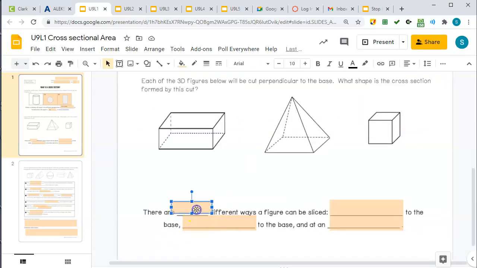So we're going to think of three different ways to slice: parallel to the base, perpendicular to the base, and at an angle.